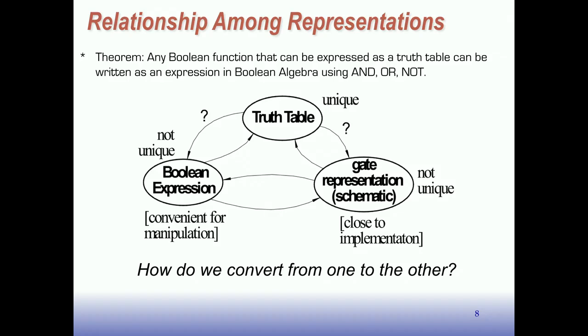Going from Boolean expressions to a truth table should be easy, because you can just enumerate all the different possibilities into the Boolean expression, and that will tell you what the values are for the function at each row in the truth table. Likewise, for gate level representation going to a truth table, we discussed this previously, you can basically just simulate it, try all input combinations, and evaluate all possible output values.